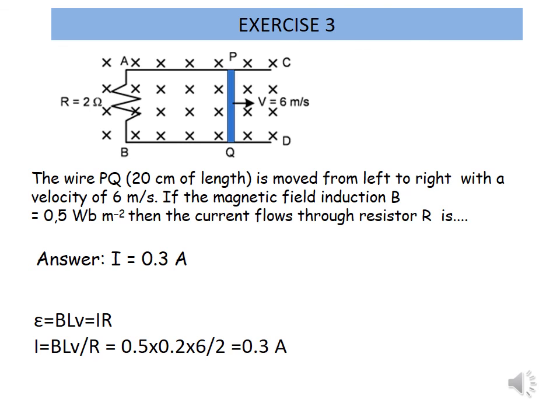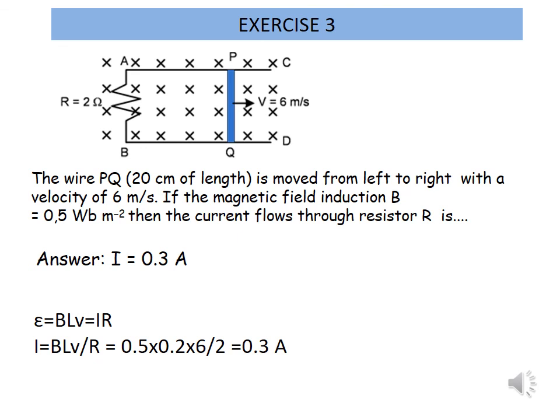When you move the wire, the amount of flux penetrating this area will increase. So that will create the electromotive force E. E is B times L times V. And because now you have a closed circuit with a resistor R, from Ohm's law, epsilon or voltage equals I times R. So to solve this problem, you just need to equate BLV equal to IR.